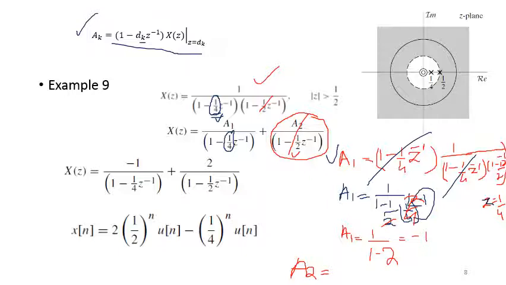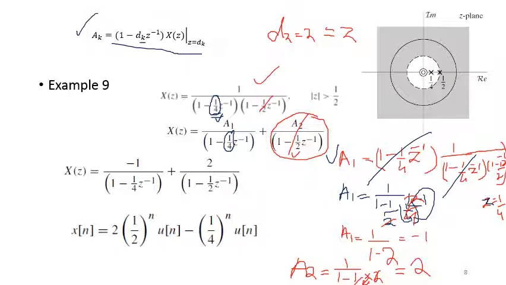For the second case, d2 is equal to 1/2, and you replace z by 1/2. Again you do the same thing, and you are left with A2 equals 1 over 1 minus 1/4 times 2. So 1 minus 1/2 is basically 1/2, and 1 over 1/2 results in 2, in fact.